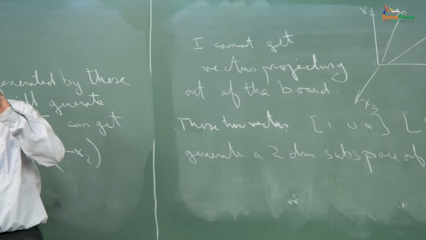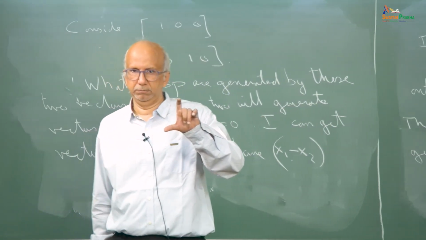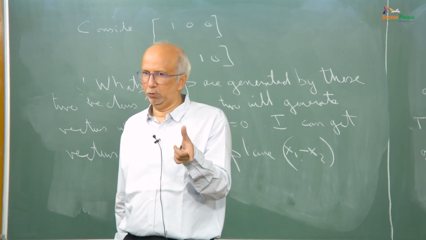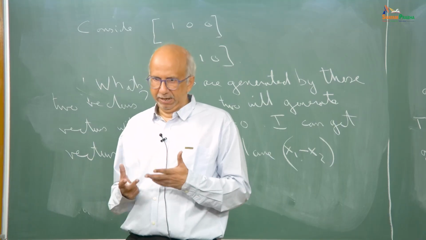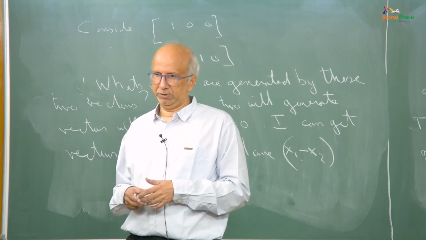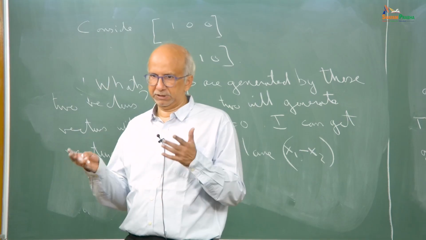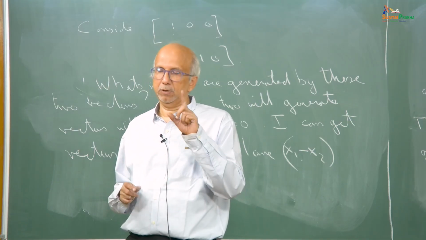Why R3? Because every vector has 3 elements. Why 2-dimensional? Because only 2 independent vectors are there. You do all these combinations, everything is coming from only 2 independent vectors. So, dimension is 2, so it is a subspace, as opposed to R2.